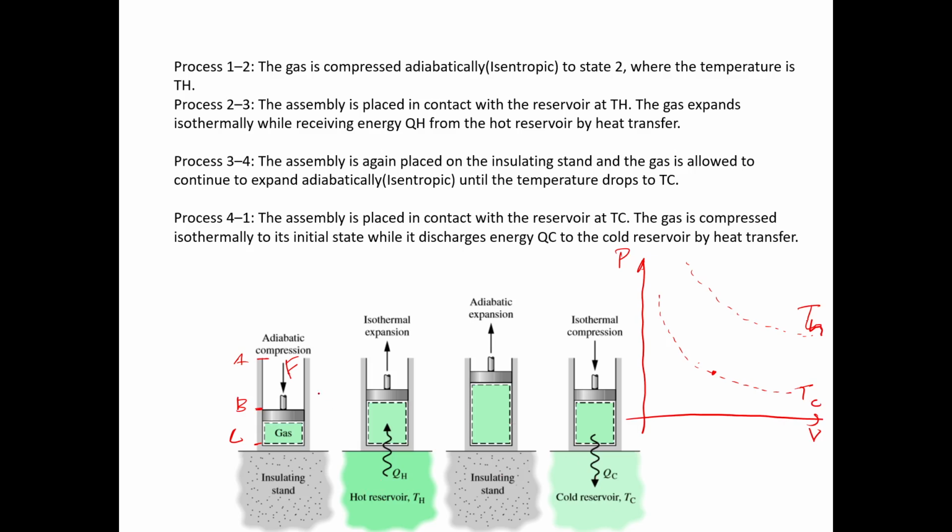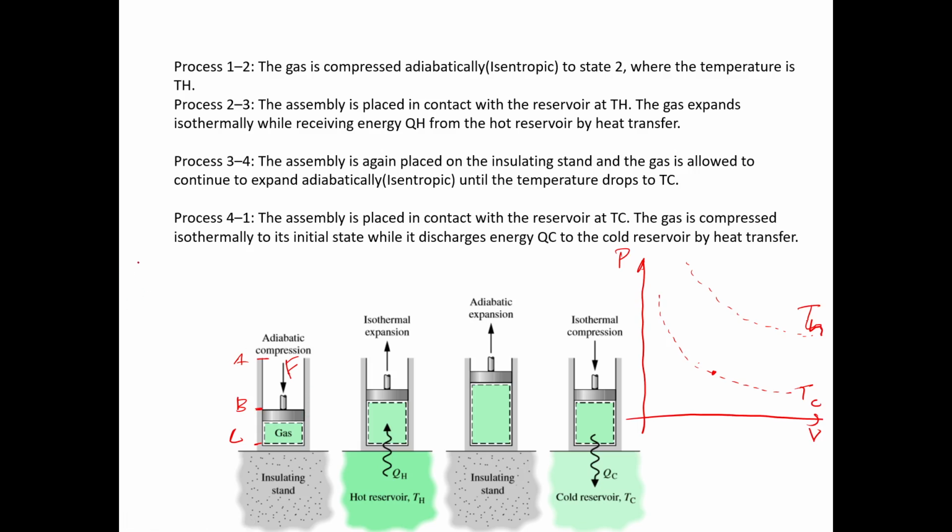Then we apply a force and compress it. There's no heat transfer through the wall, so you are only doing work, therefore you can categorize this as adiabatic compression. No heat involved, only work.